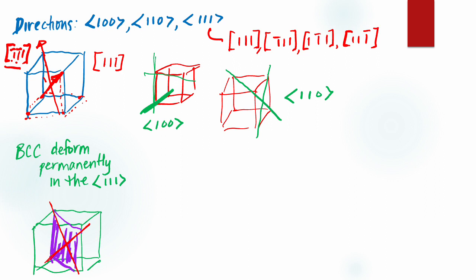So in class, when I do the lecture, I'm going to use the dry erase board to maybe illustrate this more clearly, but this plane is the one, let's see, the 1, 1 bar 0 plane, and that's the family of planes that slide past one another in permanent deformation of BCC.